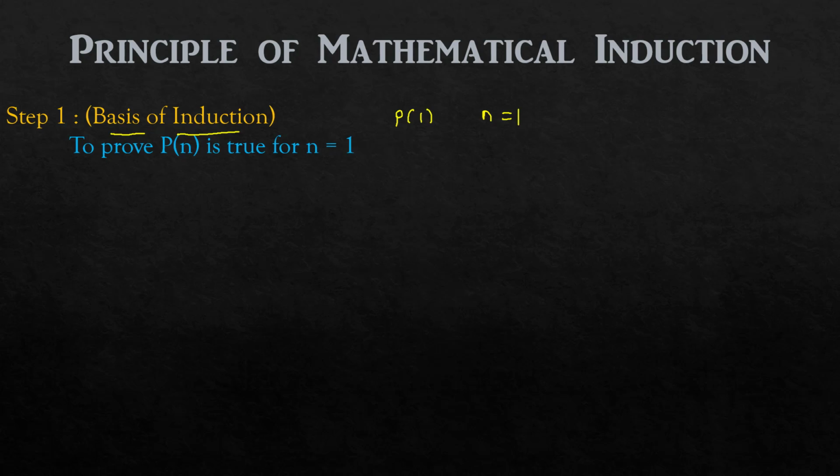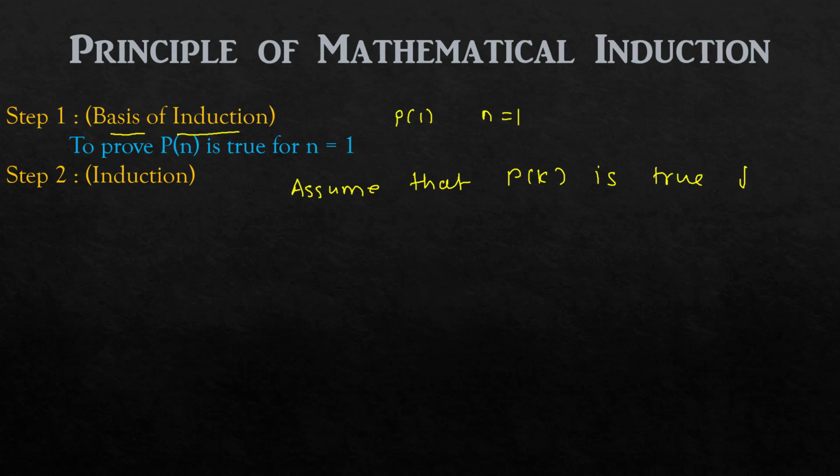Step number 2, induction step: we have to assume that p of k is true for some k belonging to capital N. That is, assume p of n is true for n is equal to k.